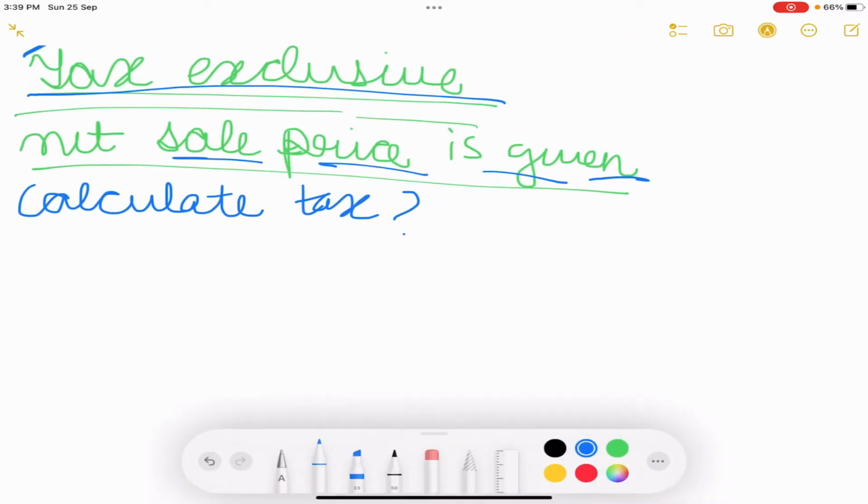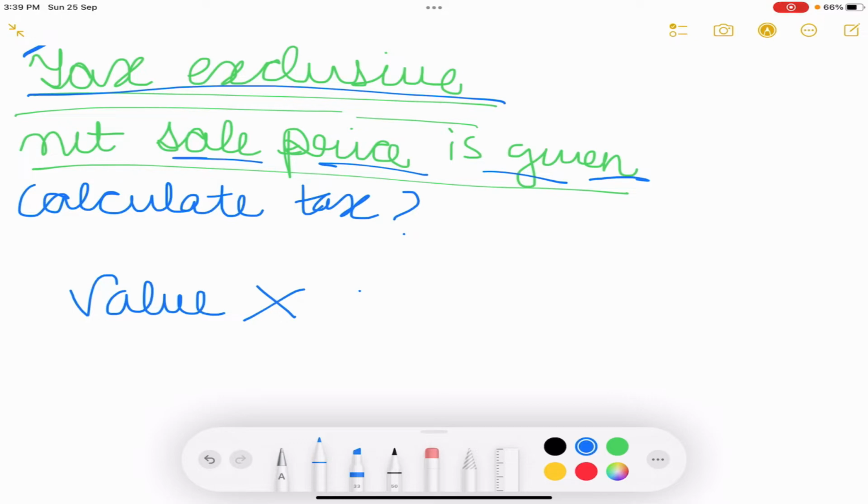In such a situation, it is nothing but the value which is given in the question, value multiplied by rate upon 100. Easy, no doubt. Value multiplied by rate upon 100. This happens when the net sale price is given. Now let's see the second part.